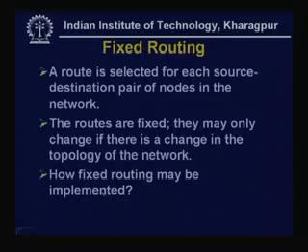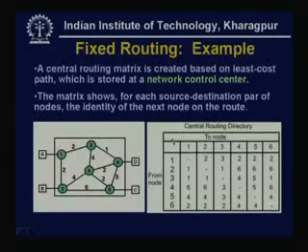And the question arises, how may fixed routing be implemented? There are several alternatives. Let us see how it can be done. Here, as you can see, a central routing matrix is created based on least cost path, which is stored at a network control center.